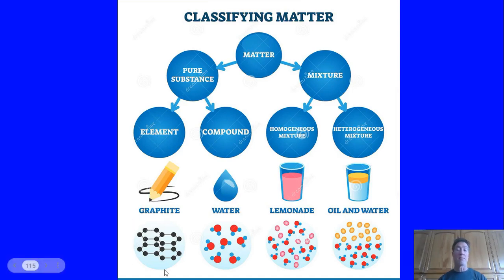The graphite in a pencil is pure graphite, or a compound, such as water, where it is elements combined together to make a compound like H2O. If matter is not a pure substance, then it's a mixture. And as a mixture, it can either be a smooth mixture, like lemonade, or it can be a heterogeneous mixture, like oil and water, that separate out, that have differing areas.